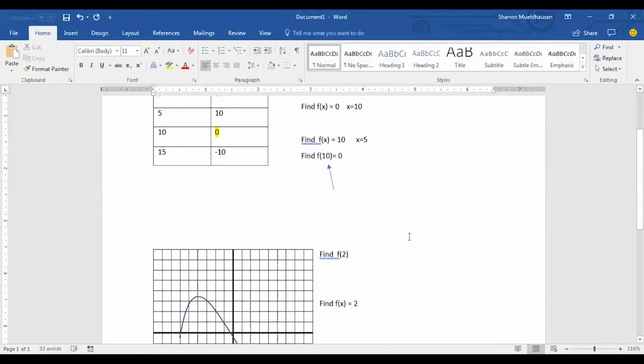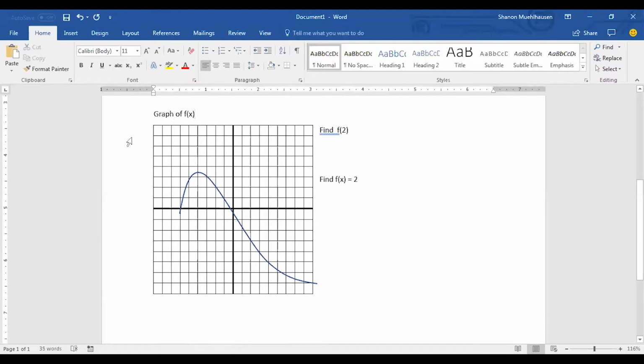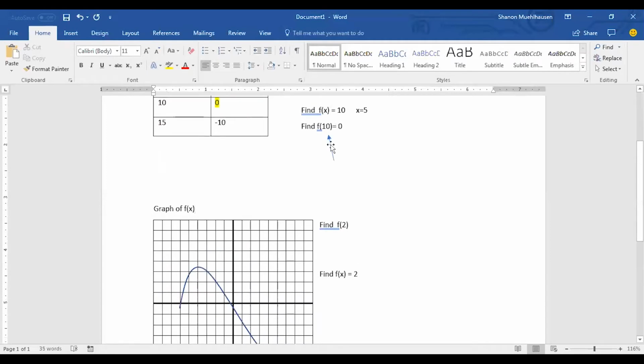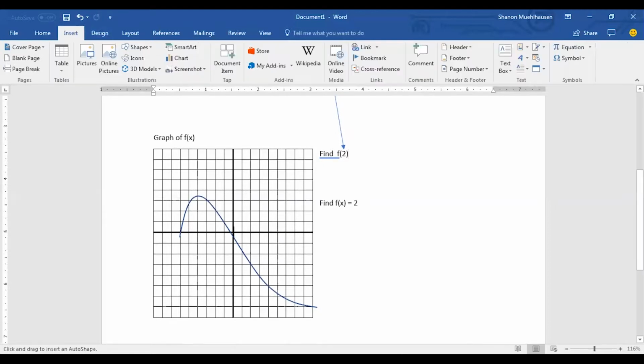Let's look at another form. We could be given a graph. What I see here is a graph of f of x. The 2 questions I'm being asked is to find f of 2. Again, anytime I have a number inside those parentheses, that number is an x. So I'm going to go to x is 2, 1, 2.